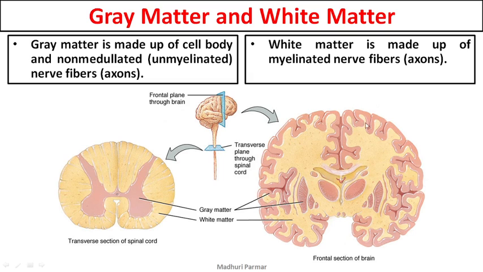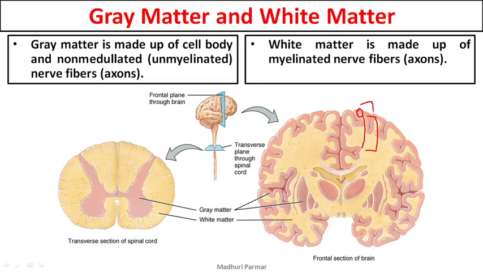You can think of it like this. Let me just draw one neuron for you. The cell body will be here outside in the gray matter, and the nerve fiber or axon will be towards the inner side. Wherever there is an axon which is myelinated, it gives a white appearance, so it is called white matter.